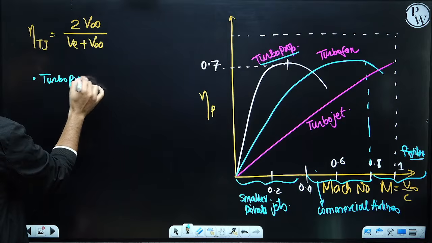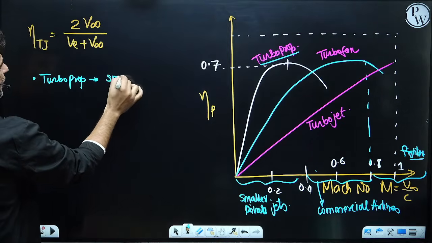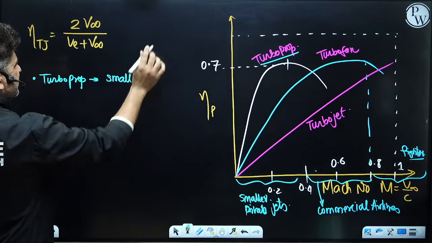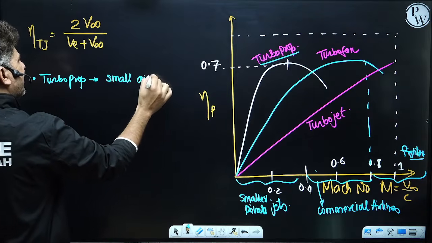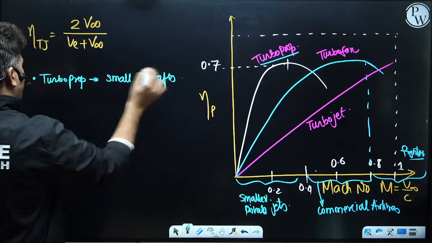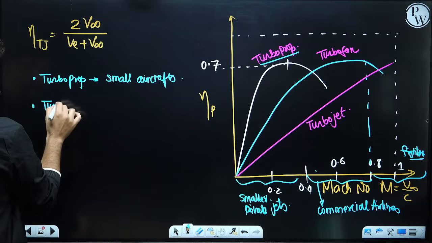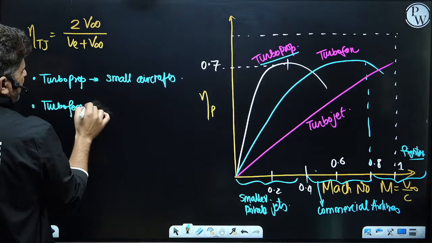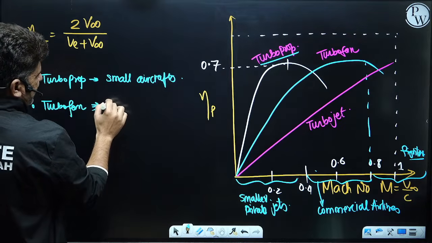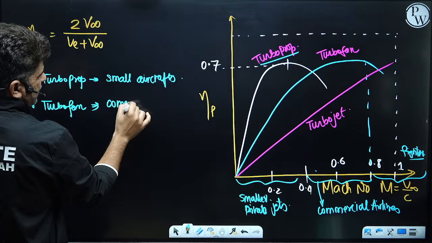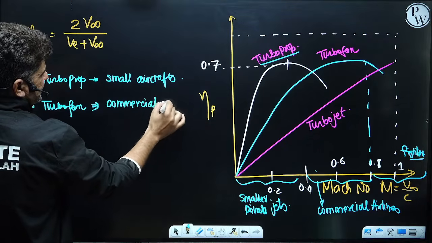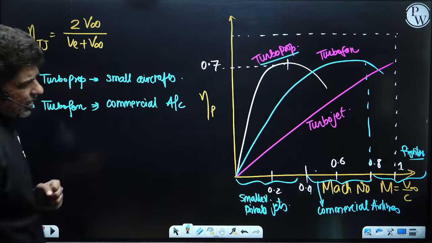So turboprop is generally used for smaller aircraft. Small aircraft. Okay. Then you have turbofan. Turbofans are used in commercial aircraft. Okay.